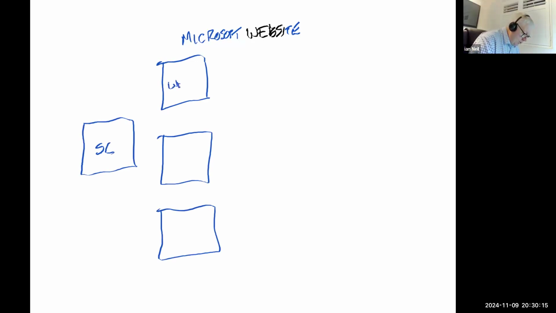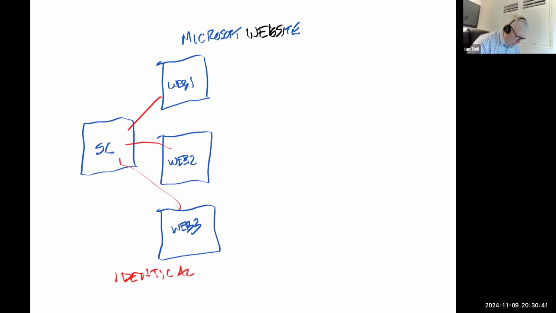This is Web 1. This is Web 2. And this is Web 3. The shared config pushes it out. One thing you need to know for this exam, these are identical hosts.